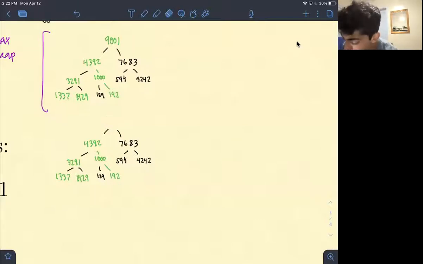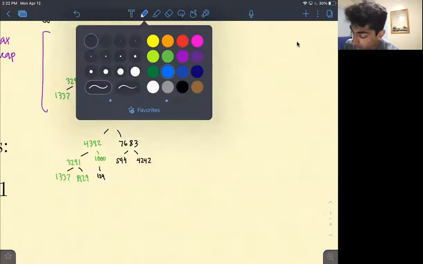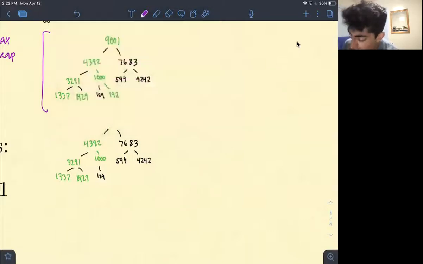The first step of that is we take out 9001, we temporarily promote 192 to the top, then we're going to bubble down 192 until our heap properties are fulfilled.